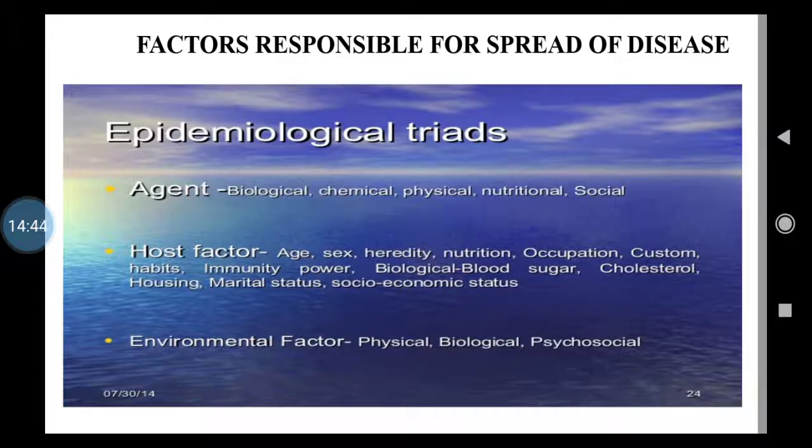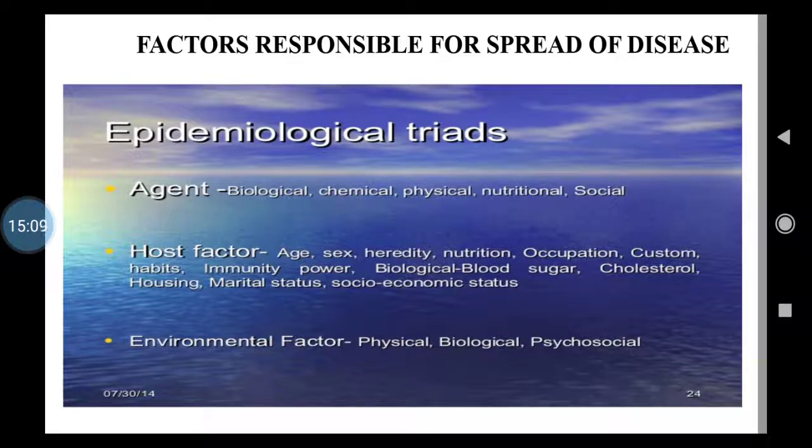Certain diseases, if we take the example of age, are very common in childhood, like measles. Then in middle age, cancer and diabetes are very common. Then tuberculosis in old age is very common.